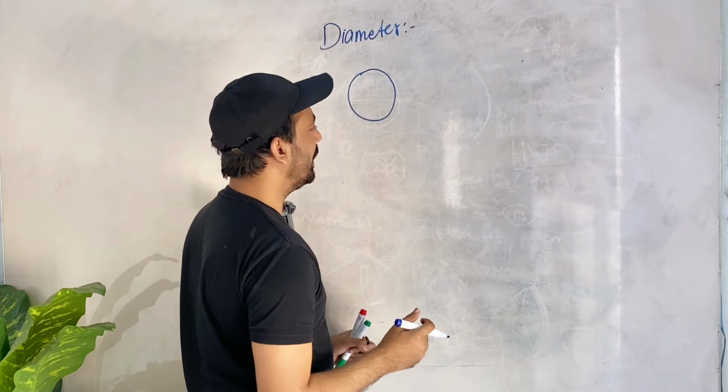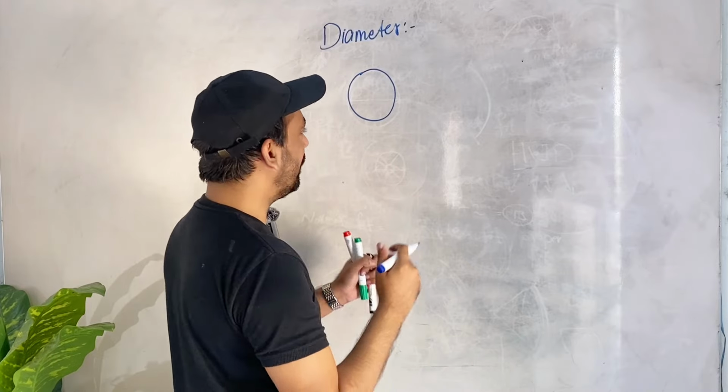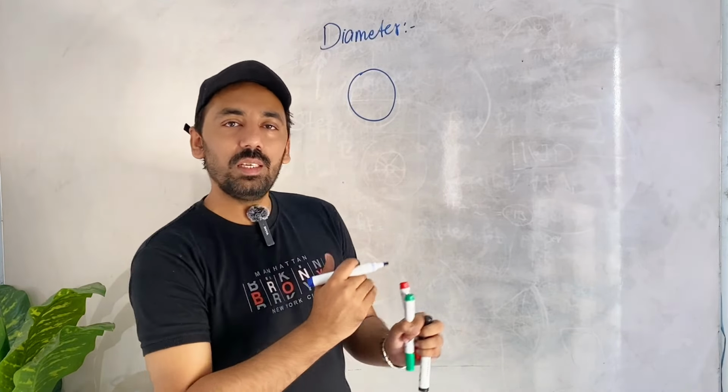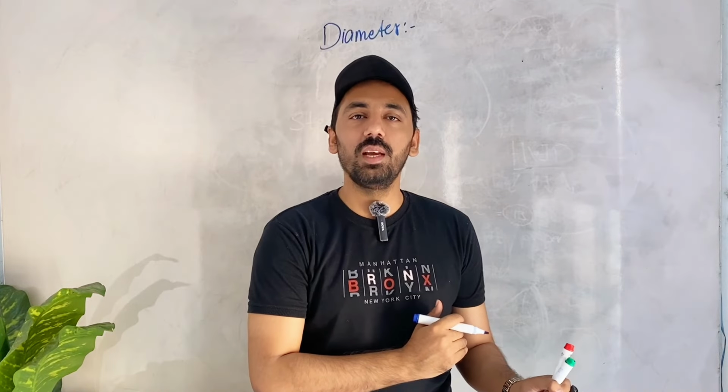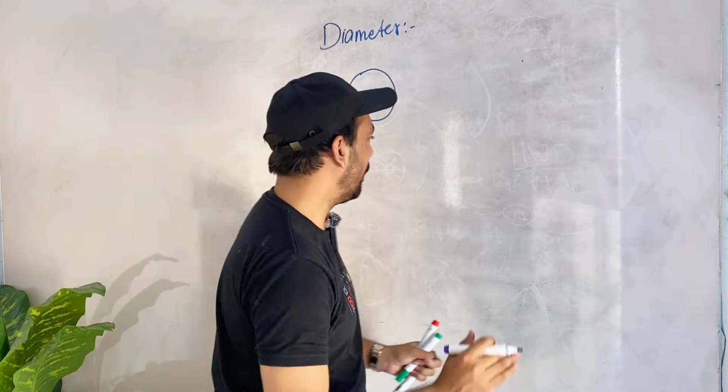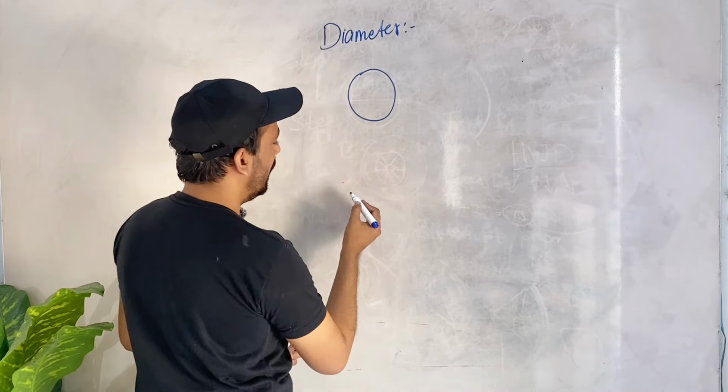Now we will discuss how an increase or decrease in the diameter of the contact lens can affect the steepening or flattening of the lens. Let me give you the basic concept.